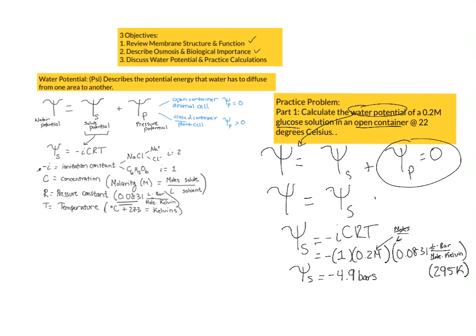So kelvins are going to be canceled out from the temperature since they're on the denominator of the pressure constant. And that leaves bars. So water potential is always going to be given with bars as the unit. In this case, the solute potential, psi s, is equal to the water potential, psi, because the pressure potential was equal to 0. So the answer to part 1 is negative 4.9 bars is the water potential of that solution.